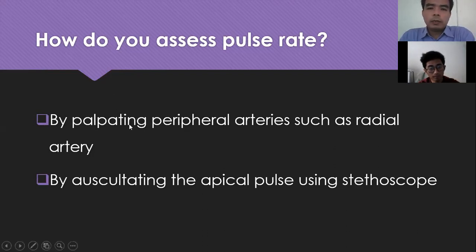Okay, remember, this first way is by palpating peripheral arteries such as radial arteries. Palpating means you touch the patient's hand, or wrist, okay, this one, wrist arm. And then the second one is by auscultating the apical pulse using the stethoscope. Okay.